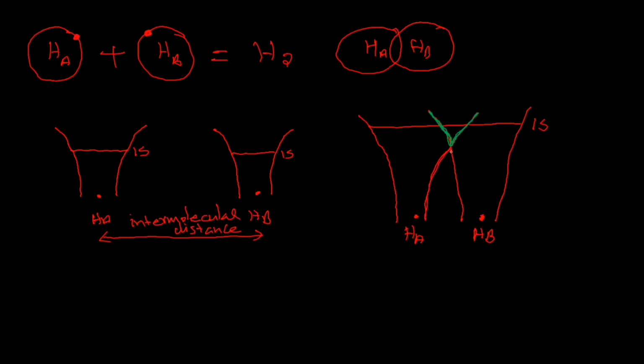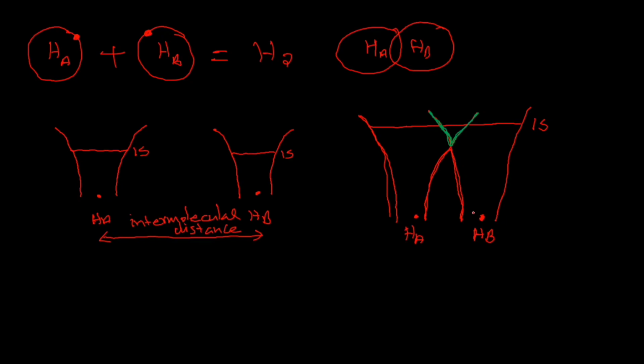The energy is overlapped, and on this side you can see this type of diagram. The s orbital is overlapped, so the electrons in the 1s orbit of HA can move freely to the 1s orbit of HB.